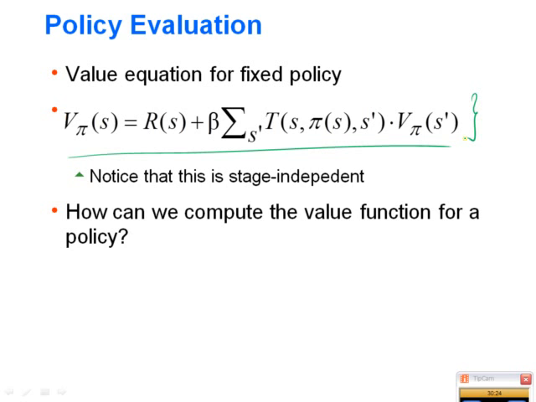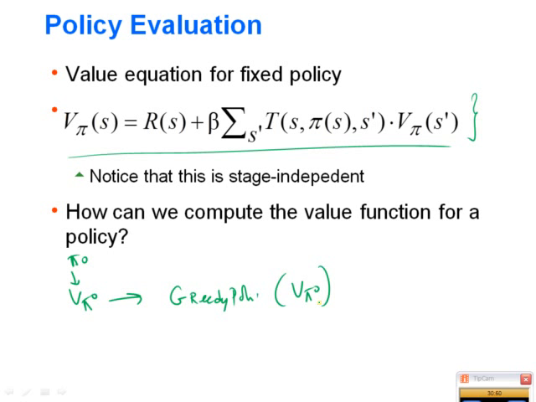Now, having found the value v pi 0, I went from pi 0 to v pi 0. I now ask, what is the greedy policy of v pi 0?